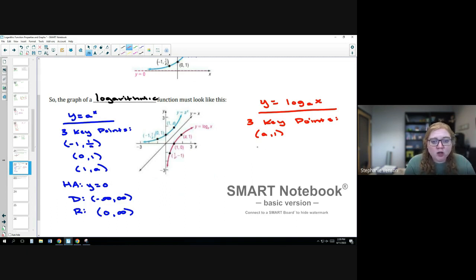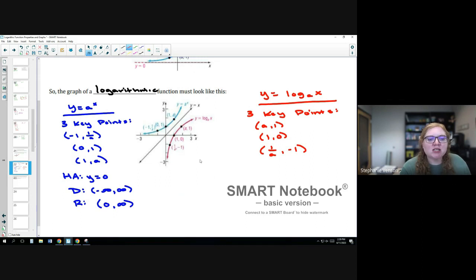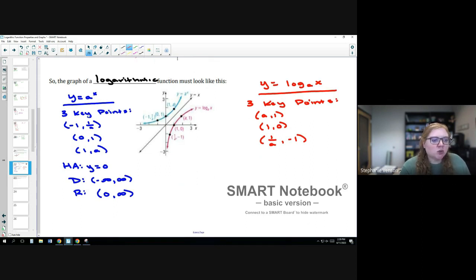Then instead of (0, 1), it's going to be (1, 0). Then instead of (-1, 1/a), it's going to be (1/a, -1), because that is what an inverse does. It switches those x, y positions. So here are your three key points for the exponential. Here are your reversed three key points for the logarithmic.